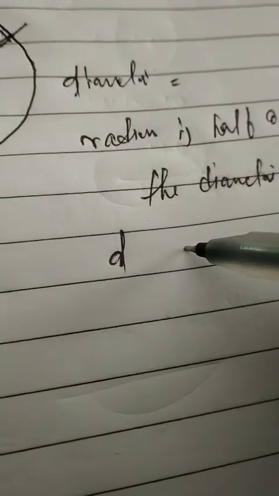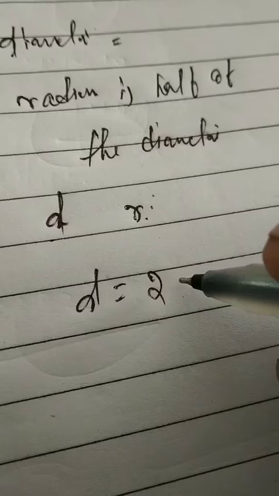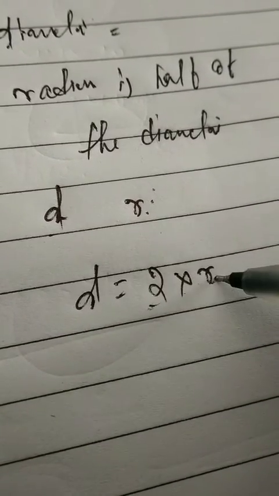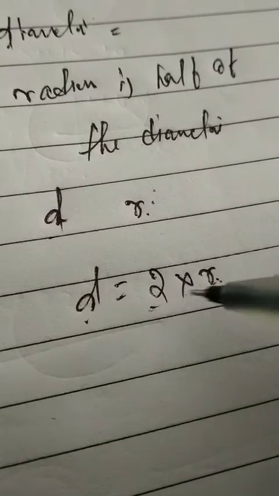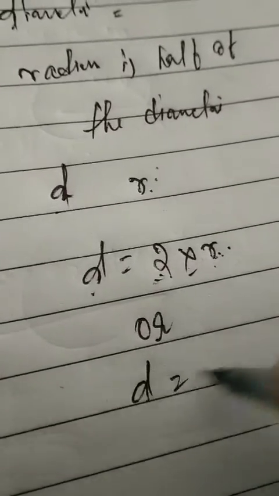Seeing this question, we can understand that if diameter is denoted by D and radius is denoted by R, they have a relation. We can write diameter is equal to double of radius, that is 2 into R. Or we can write D is equal to 2R.